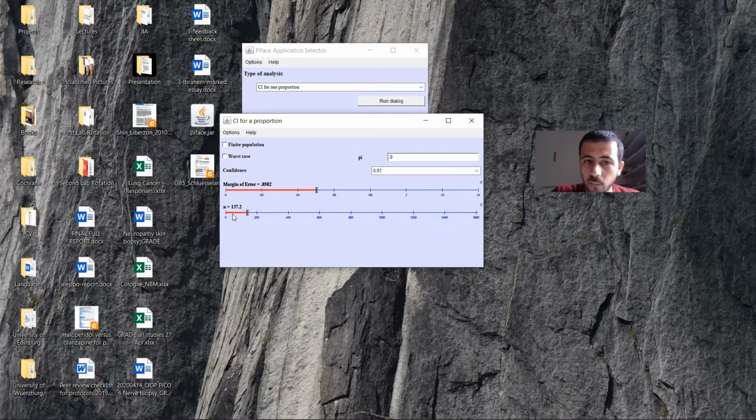I need 137. I go gather them. If my assumptions are correct, I will have this margin of error and this proportion. Does that make sense?